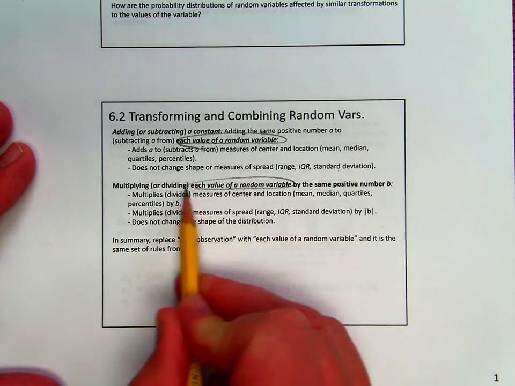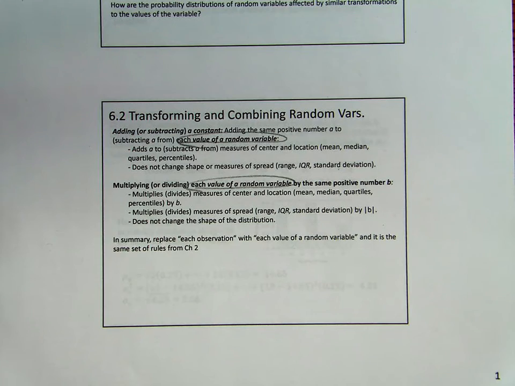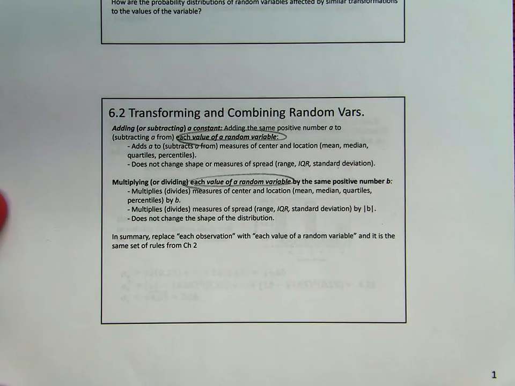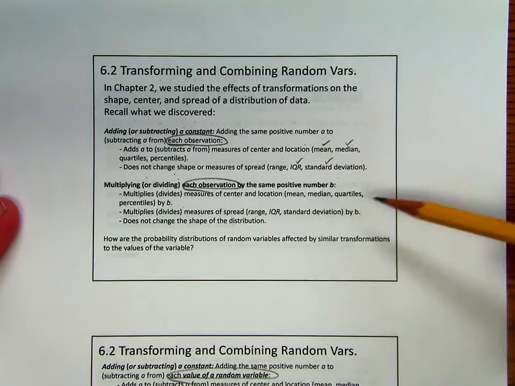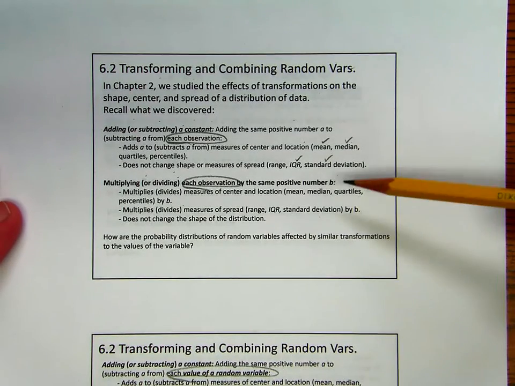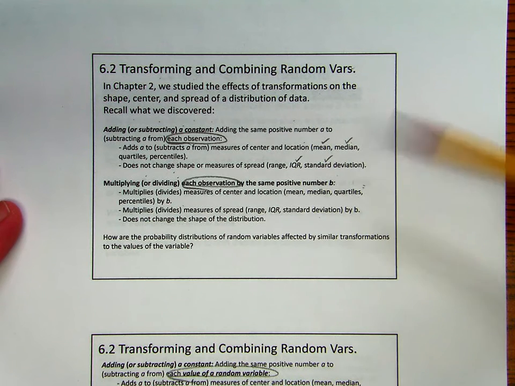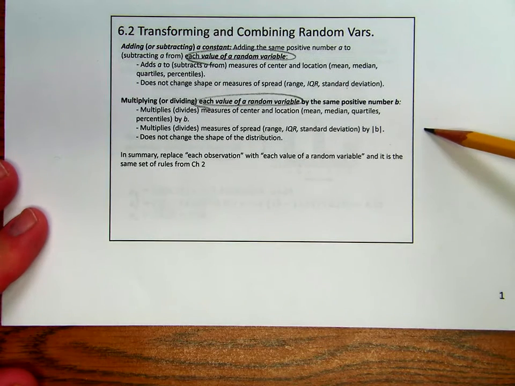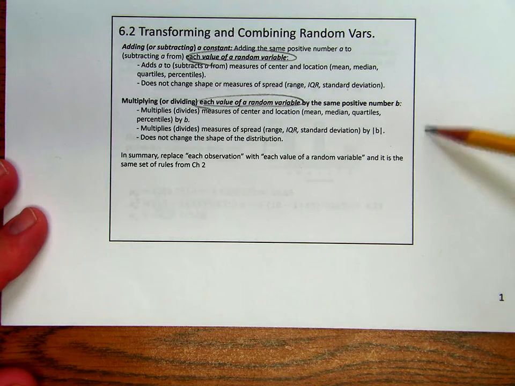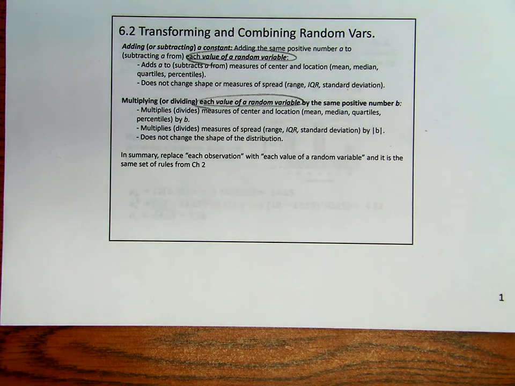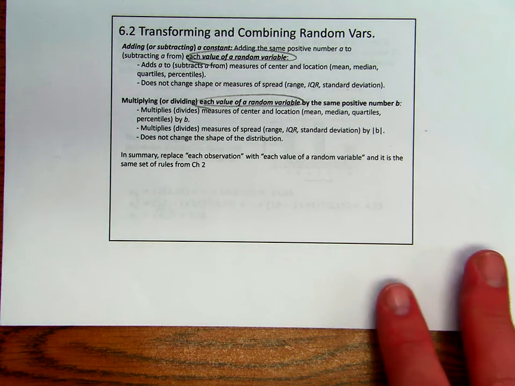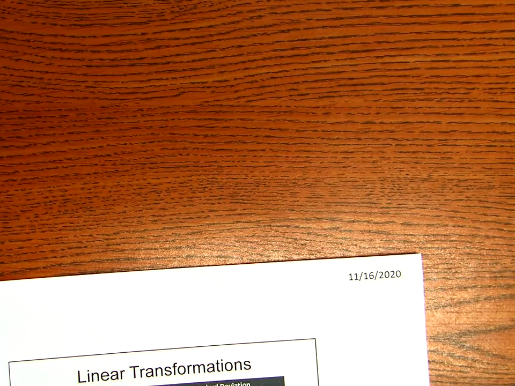So basically the effects are the same. Whether it's a probability distribution, as we saw in just a distribution of any kind, it didn't have to be probability. Whatever happened here happens to the probability distributions in our Chapter 6. So let's run through and take a look at how that appears in our Chapter 6 context.